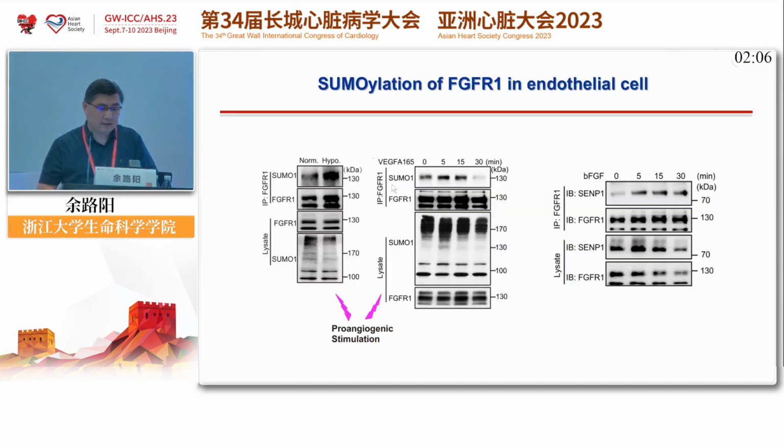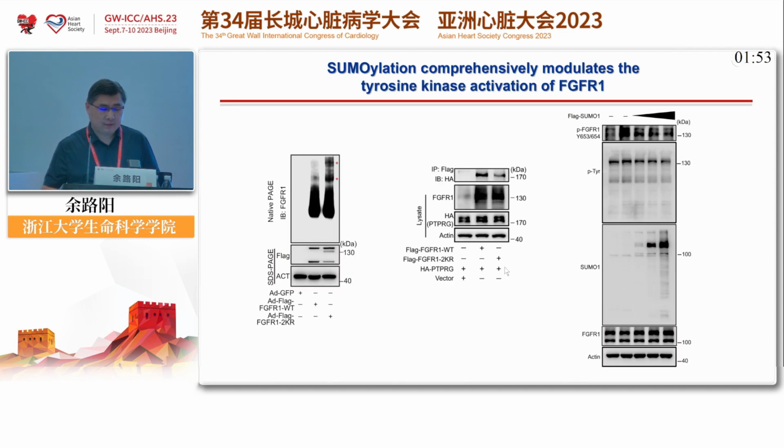And finally, we also investigated the SUMOylation in the positive signaling I mentioned before, focusing on FGFR1 in endothelial cells. It comprehensively modulates the tyrosine kinase activation by both affecting its dimer formation and its association with phosphatases like PTPRG.